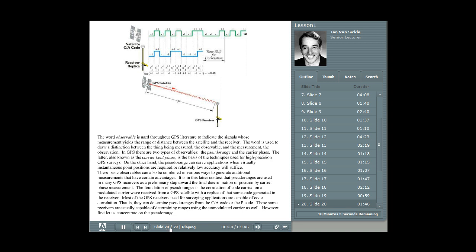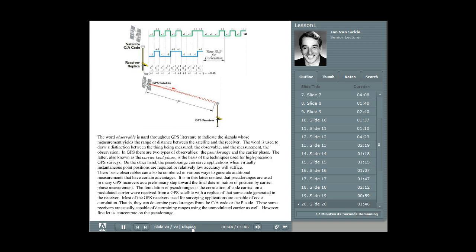These are known as the pseudo-range codes. Well, there's another type of observable too, and that's the carrier itself. Without consideration of the codes, of course, L1 and L2 can be called an observable. Each one can be an observable. And also the codes, the P code and the CA code, those are also observables.